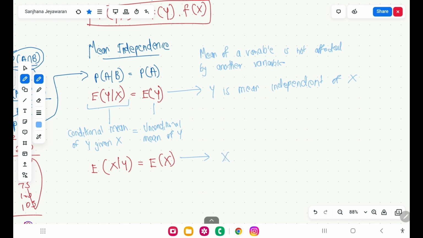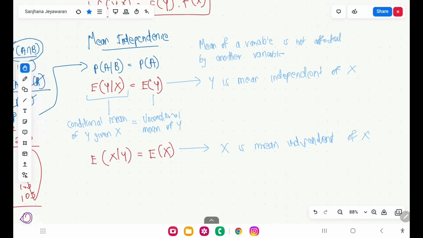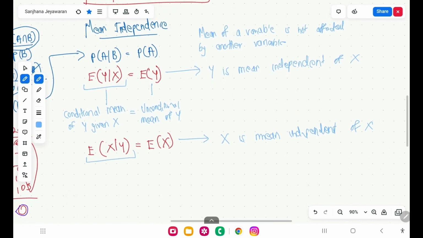X is mean independent of y. That means the conditional mean of x given y is equal to the unconditional mean of x.